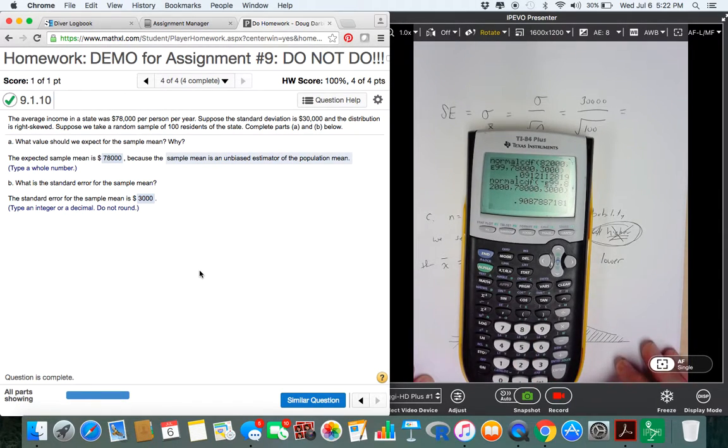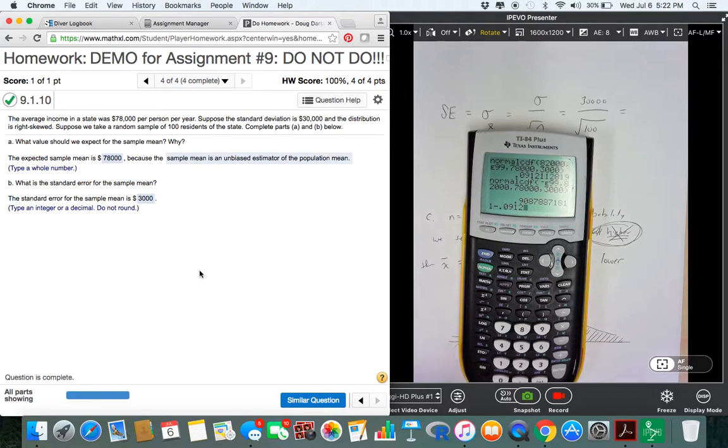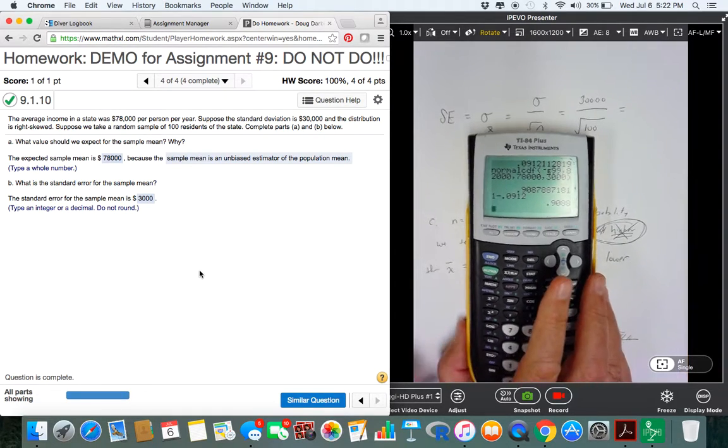Now you're going to see that if we had just taken 1 minus the 0.0912 in the previous problem, we would have gotten the same answer. Because again, the area under the curve is always equal to 1.